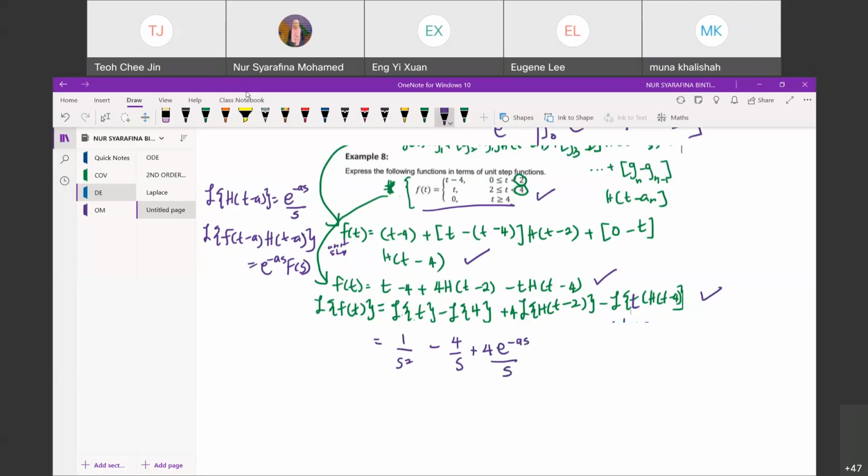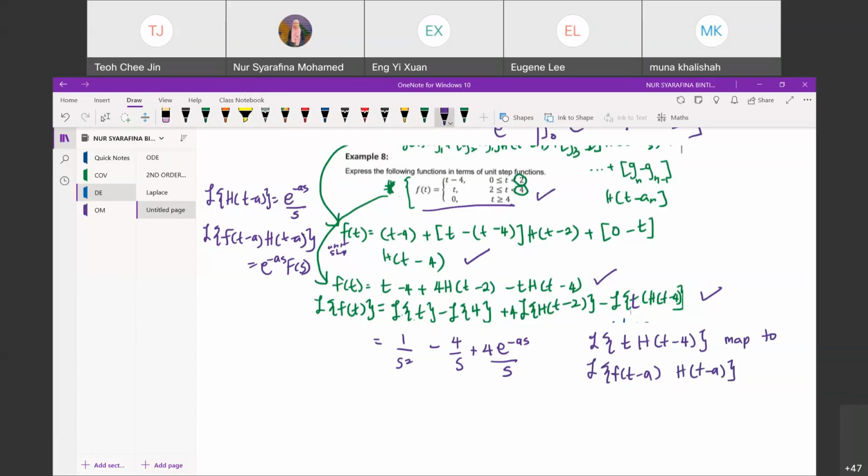And now transforming t h(t minus 4) is mapped to this f(t minus a) h(t minus a). Okay, let's try to do this. You want to transform t h(t minus 4), and this is mapped to f(t minus a) h(t minus a).